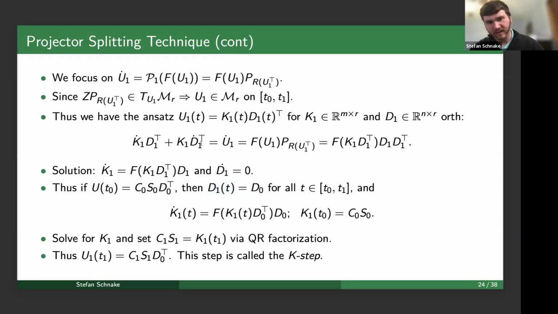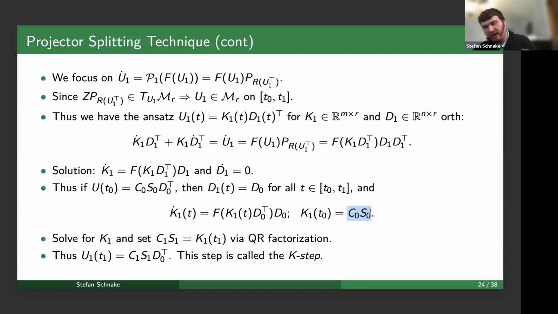And essentially that means that D1 is D0 for all time. And that allows me to plug this in here. And then K1 is evolved by these dynamics, where the initial condition is just C0 times S0, the other two terms of the initial condition. And then I can evolve K1 forward in time.